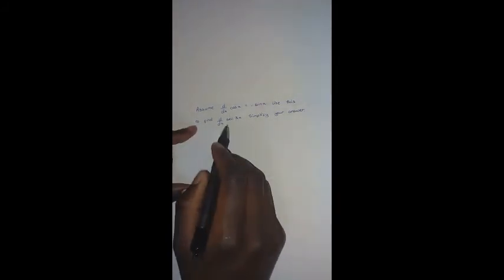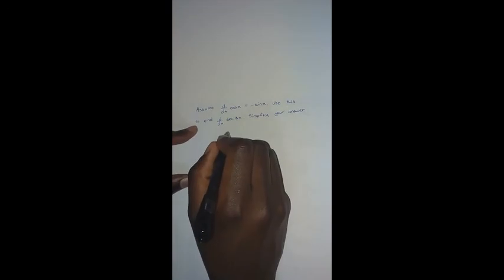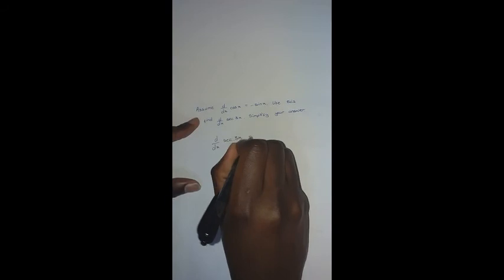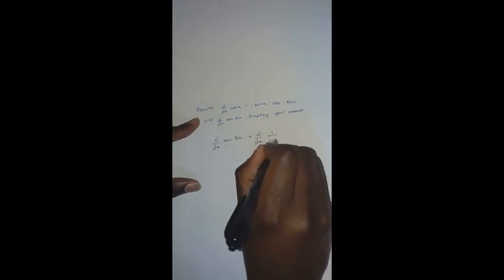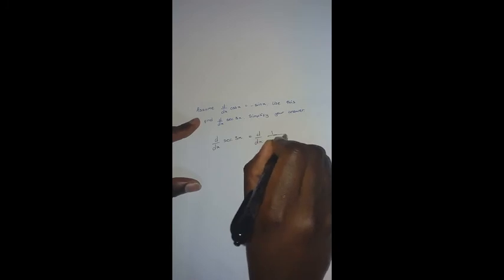Okay, so you have to understand what sec 3x is, and sec x is 1 over cos x. So d dx of sec 3x will be equal to d dx of 1 over cos 3x.